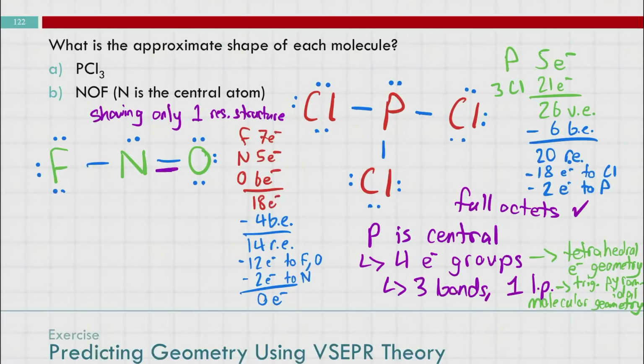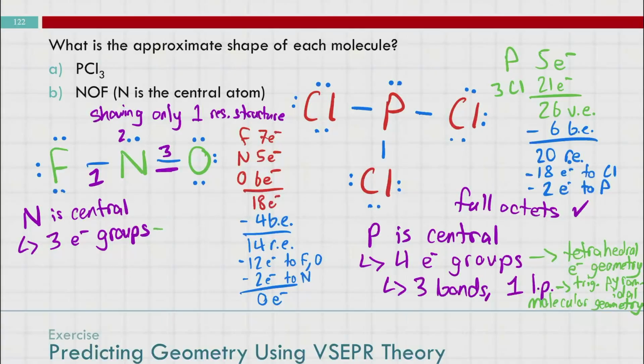How many groups do we have on our central atom of nitrogen? 4? It's not 4. It's 3. We have 3 electron groups. So double bonds and triple bonds only count as one group. So 3 electron groups.